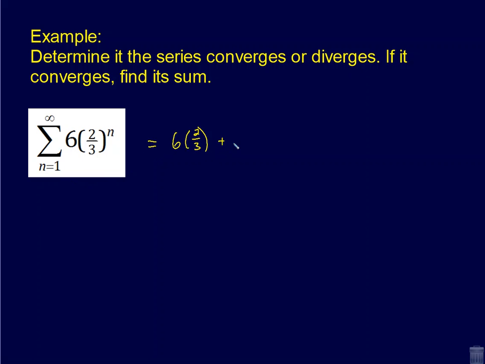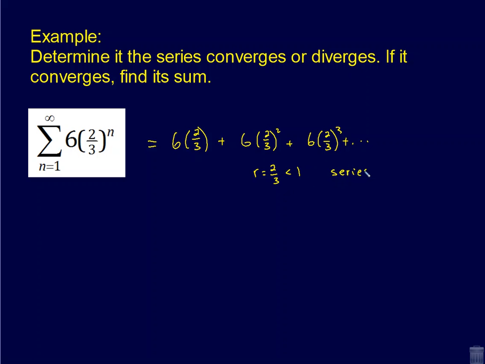But then after that, I'm just going to be taking that and taking higher powers of 2/3, and so on like this. So I can tell that the common ratio is 2/3, and because that is less than 1, I know this is going to be a geometric series that converges.